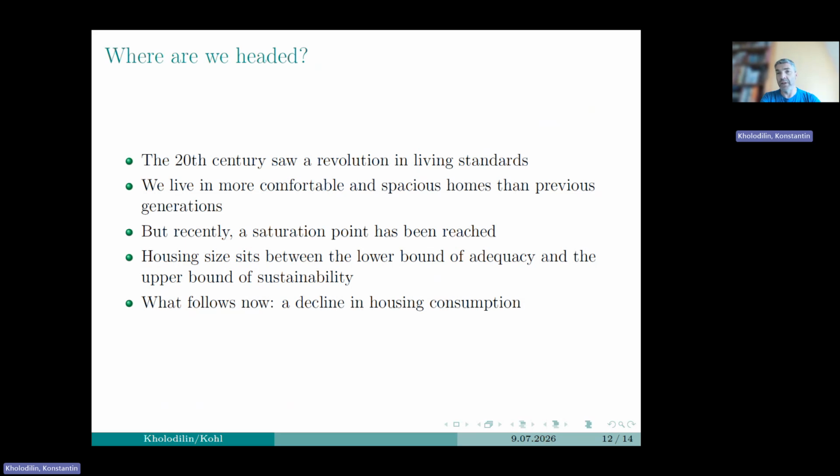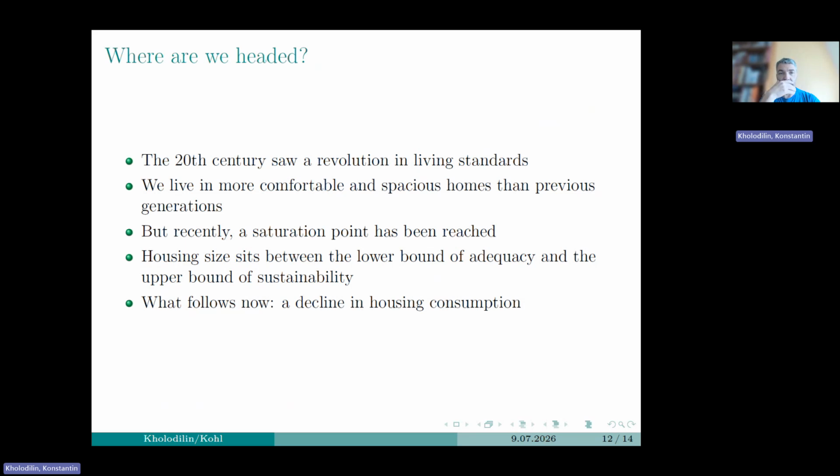If you have, say, 5 or 2 square meters per person, then you live in crowded conditions. That's bad for your health. That fosters a rise in infectious diseases. This affects your psychological health. So, of course, it's better to increase the average size per capita.